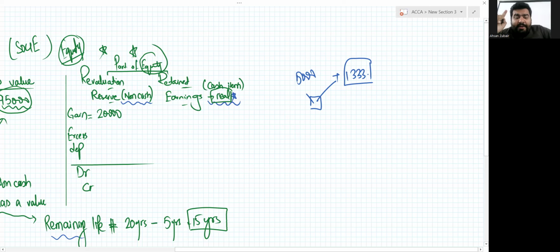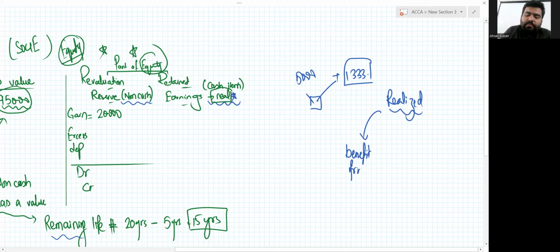But let me tell you what real items actually are. Real items, or realized items, are items that must be realized. When you take the benefit from anything, it means you have realized its value.